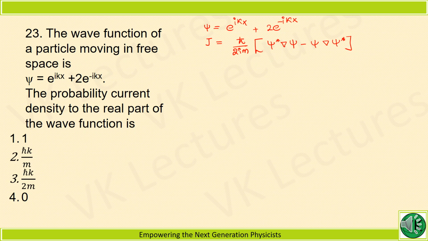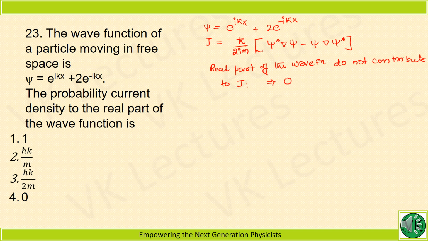If the question is about the real part of the wave function, the real part of the wave function does not contribute to J, the current density, so it will be equal to 0.